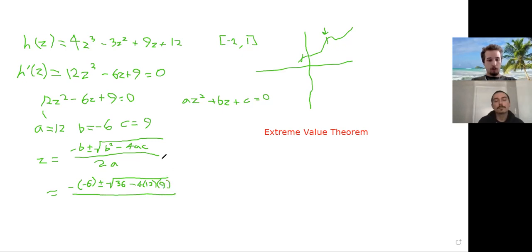And then 2 times A, 2 times 12. We get 6. Again, plus minus implies there's 2 solutions because there are 2 solutions to a quadratic equation. 36. 4 times 12 is 48 times 9. I need a calculator for that. I believe it's 432.